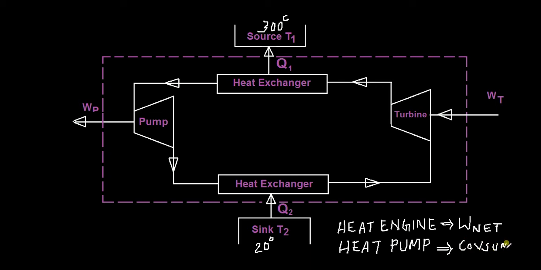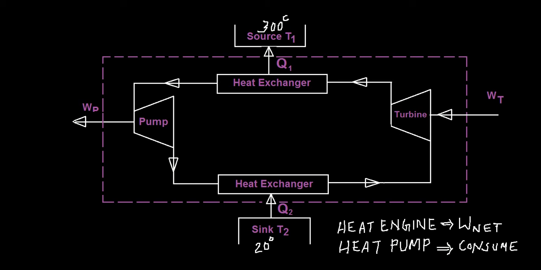Whereas a heat engine will produce net work and take heat from a high temperature source and reject heat to a low temperature sink. A heat pump is also called a refrigeration.